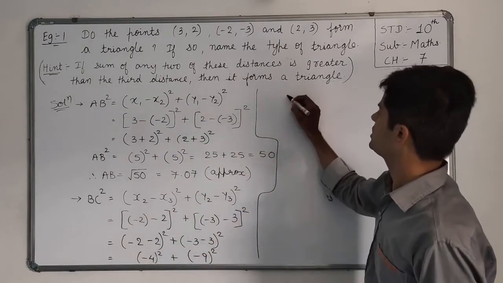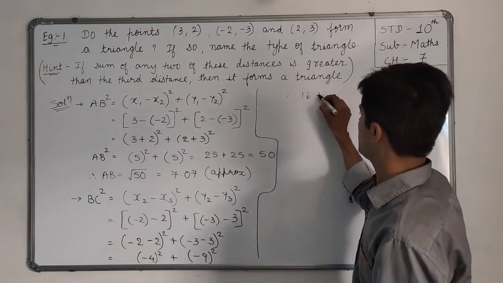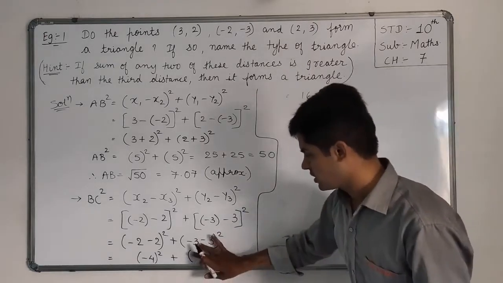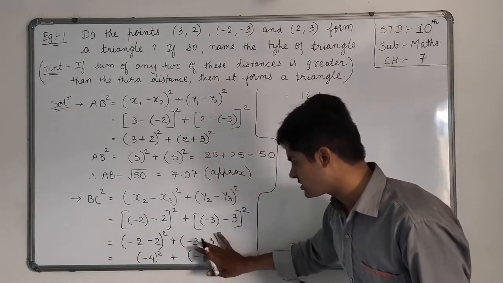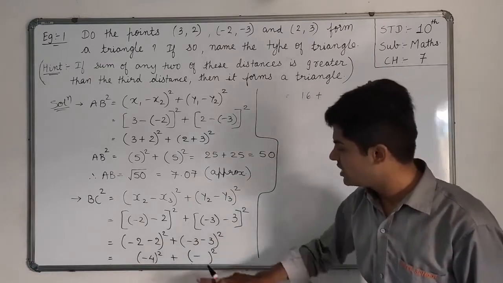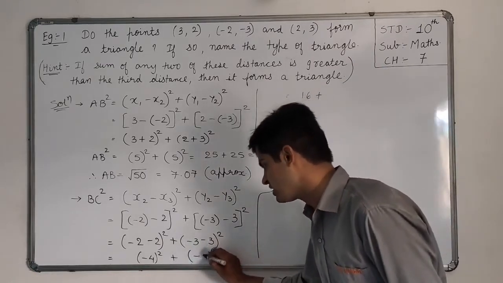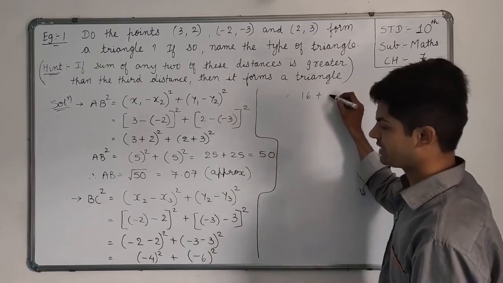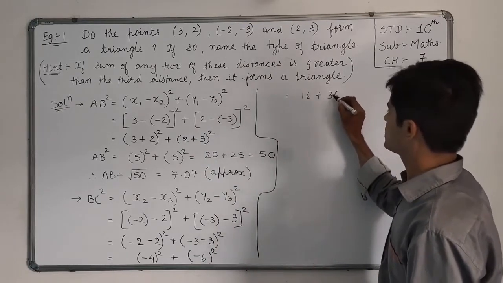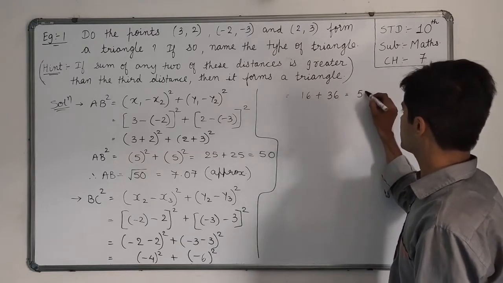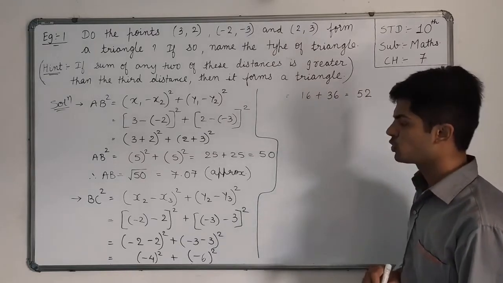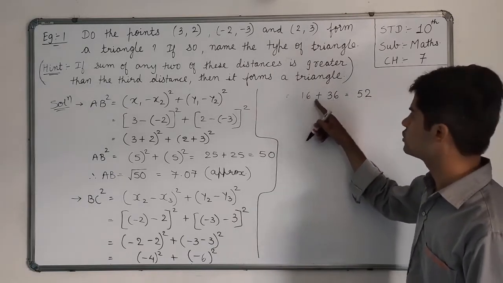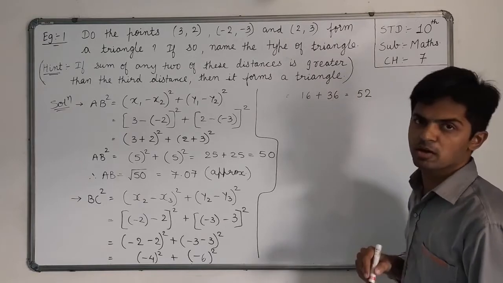-4 whole square is 16 plus -6 whole square is 36. दोनों का एडिशन करो तो आंसर क्या आएगा 52.